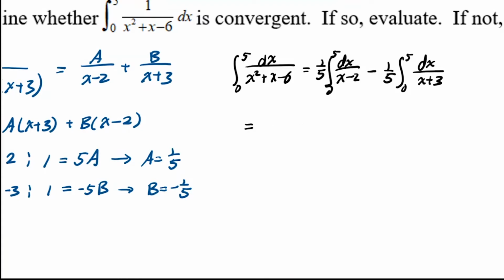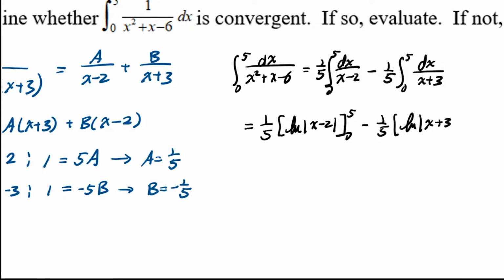That is equal to 1/5 of ln, and this time we are sure this is ln, from 0 to 5, minus 1/5 of ln, and we are sure about that one too, from 0 to 5.